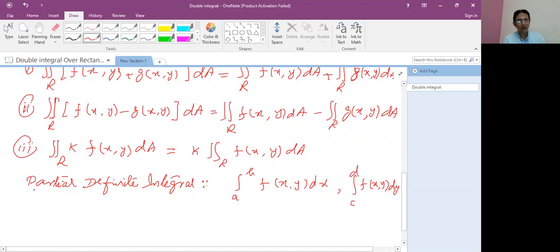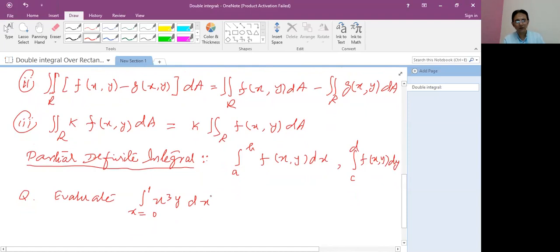Now we are applying the definition of partial definite integral. Evaluate: if you are given the integral of x cube y dx, where the limit of x is 0 to 1.